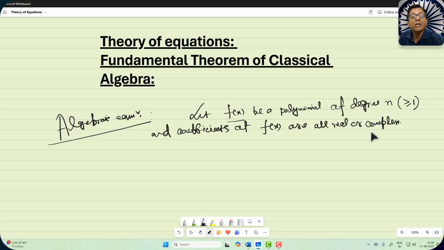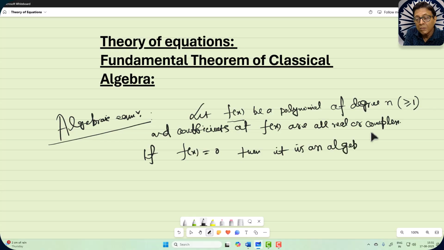This is a polynomial on variable x. Then, if we take f(x) equal to 0, it is an algebraic equation. You have to write f(x) equal to 0.